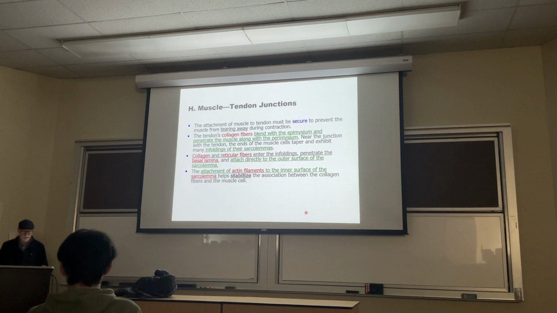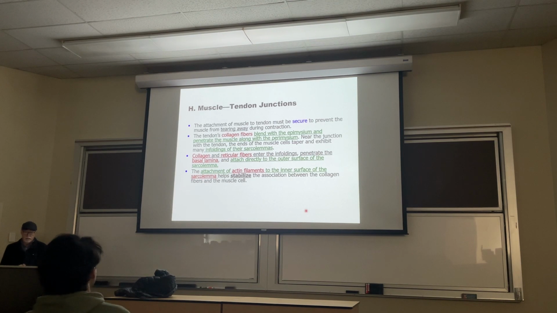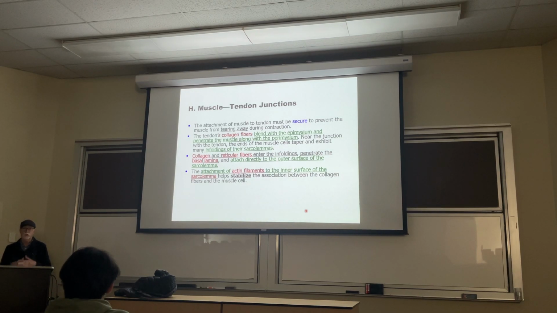All this connective tissue from the epimysium merges together and forms tendons and ligaments. From muscle to bone, it's a tendon. From bone to bone, it's a ligament. Both connective tissue. So in this case, it would be a tendon.